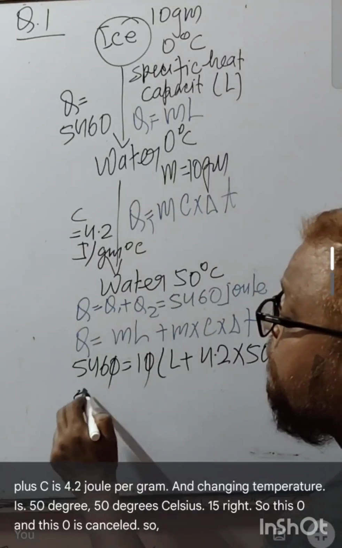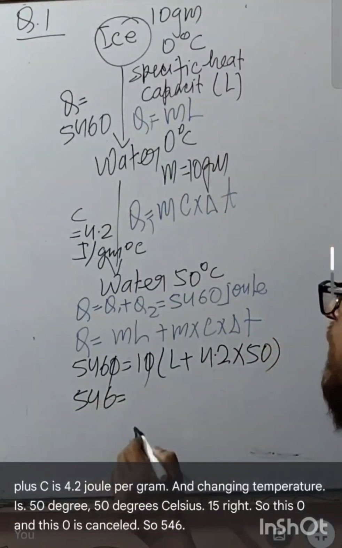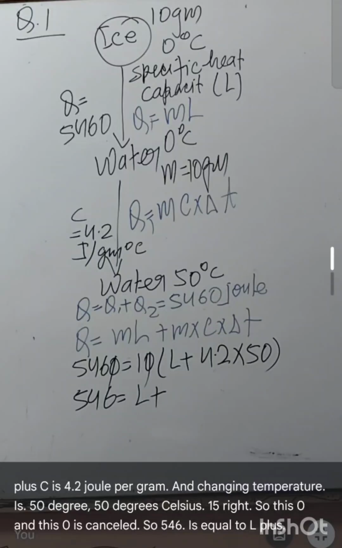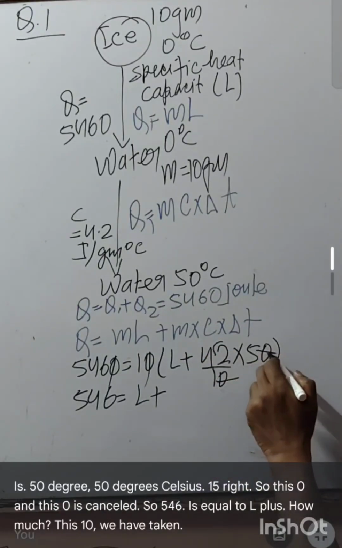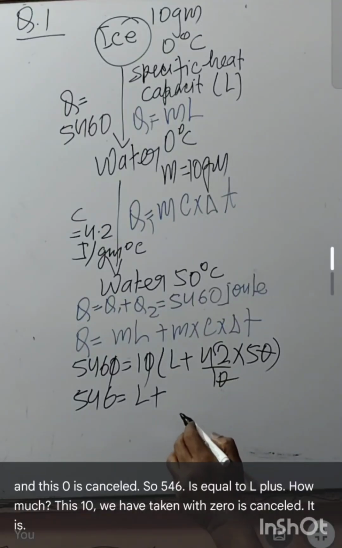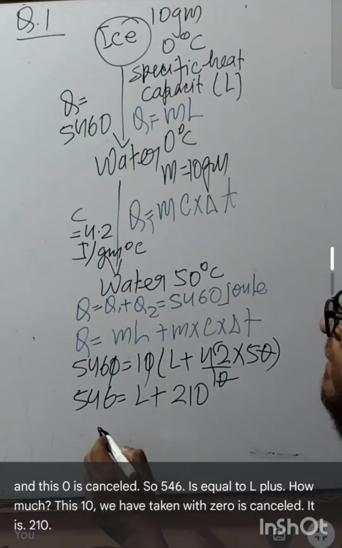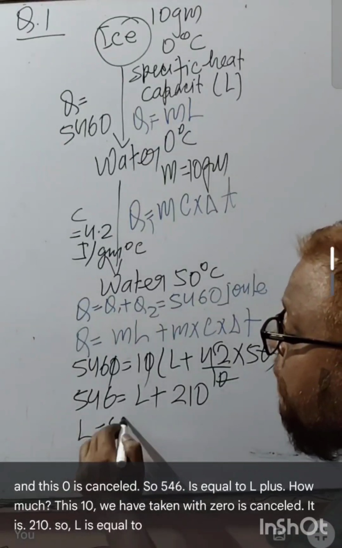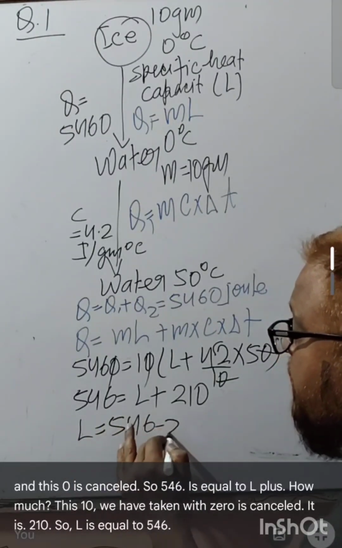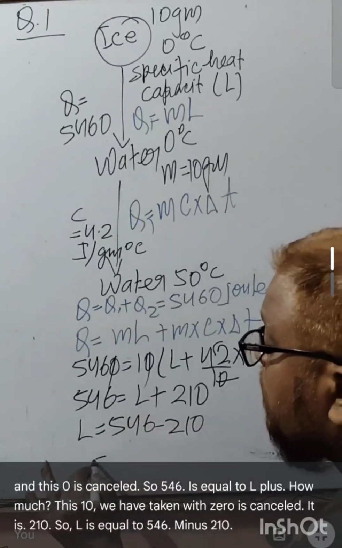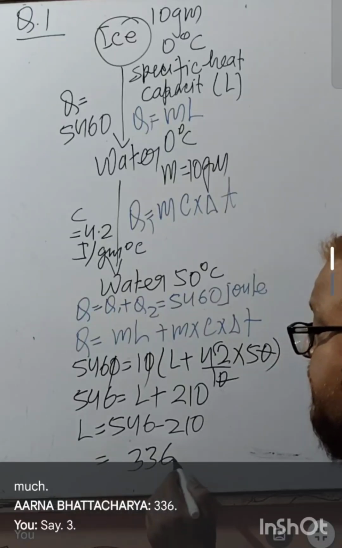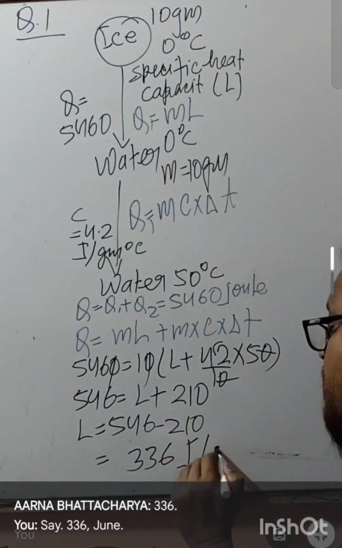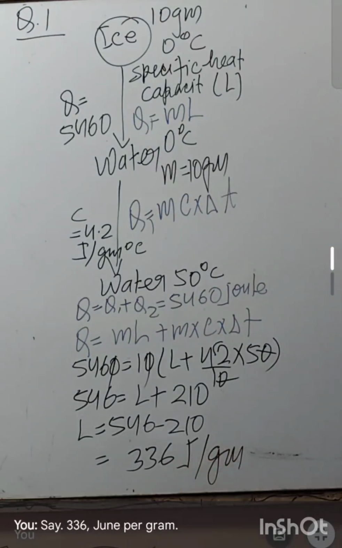So 546 is equal to L plus how much? This 10 we have taken, 50 times 4.2 is 210. So L is equal to 546 minus 210, which becomes 336 joule per gram, right?